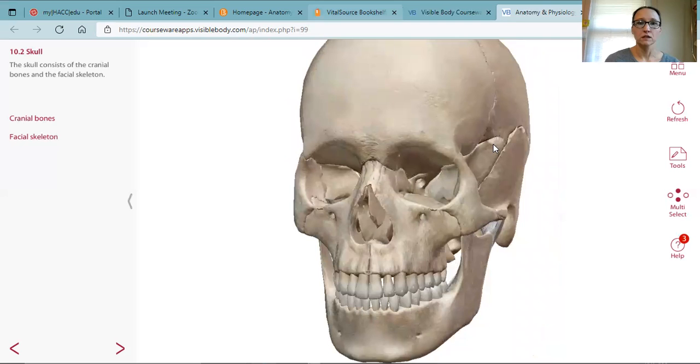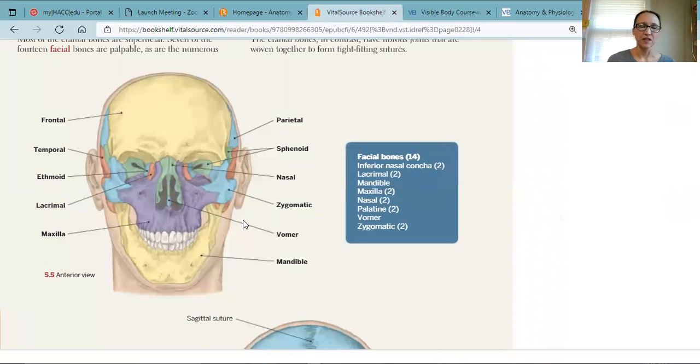But in your book, they have made it easy. So let's begin with the anterior bones. The one right here is the frontal bone. The frontal bone is basically your entire forehead and the top of your eye orbit here. Okay. And then it does extend back into the side of the head a little bit.